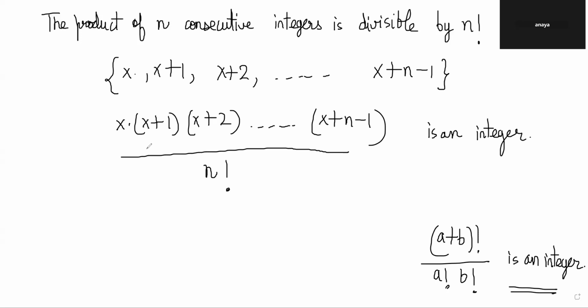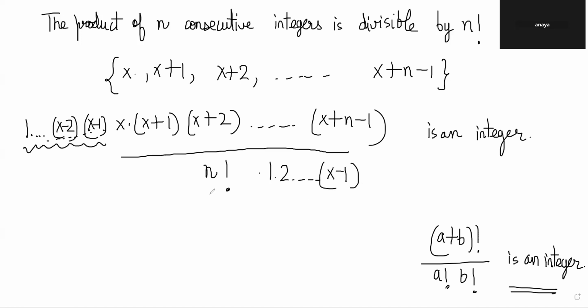So now you just need to make the top part a factorial. In order to make the top part a factorial, you need to write all the lower terms, right? x minus 1, x minus 2 till 1. So if I add those numbers there, I will also have to add them here.